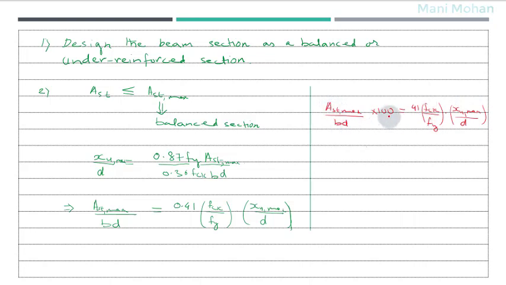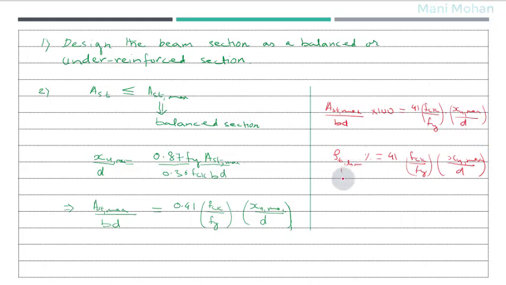This Ast max by bd into 100 will be called rho T lim, that is, limiting percentage tension reinforcement. So I have this formula: fck by fy into xu max by d.